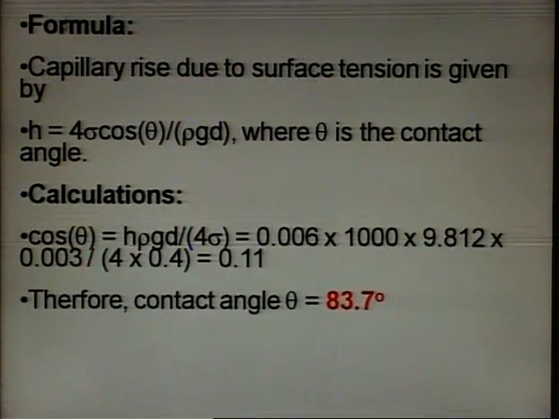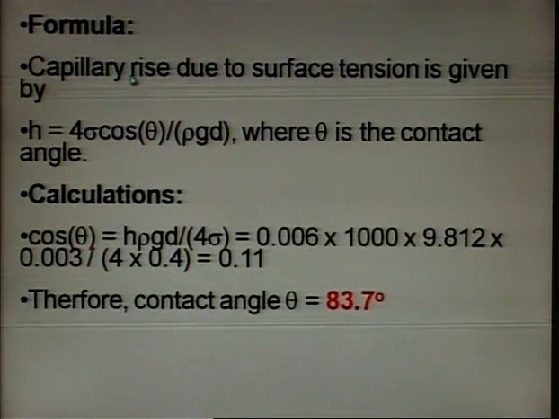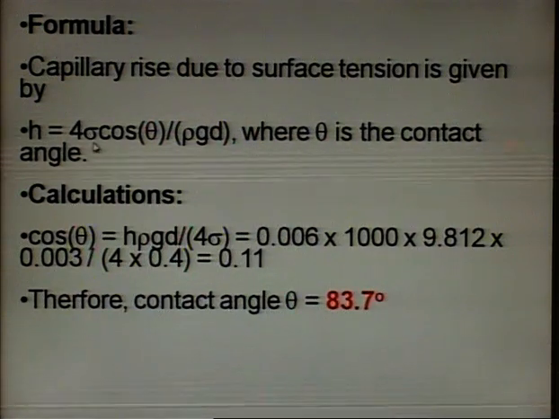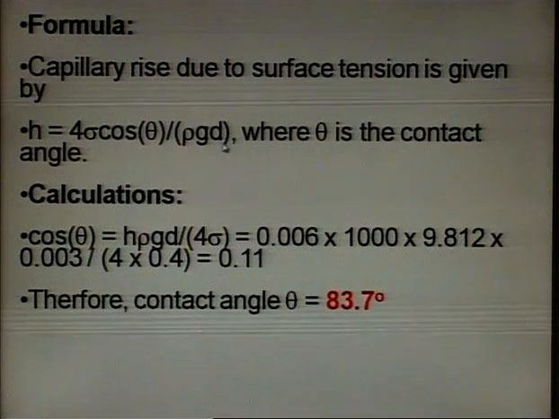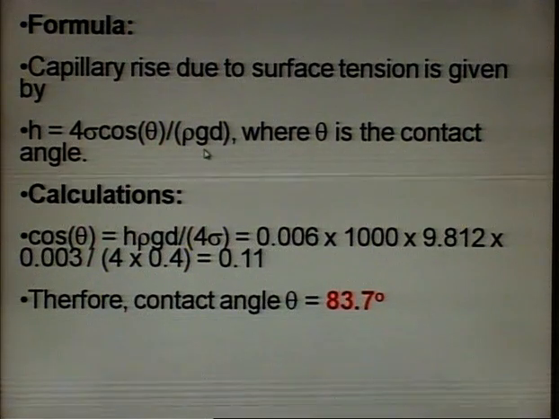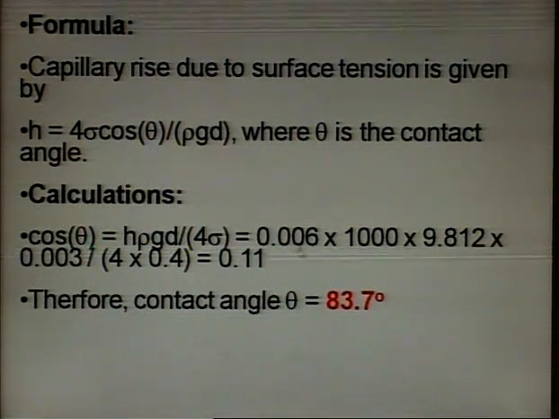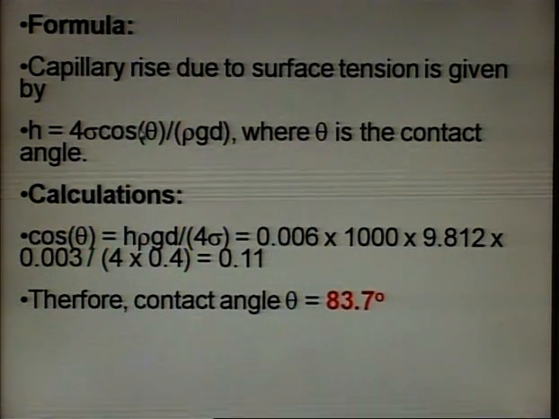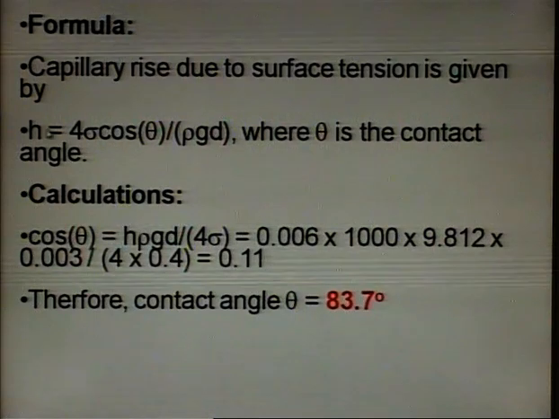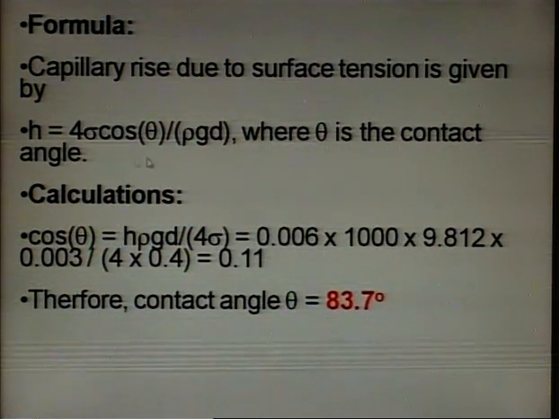So the formula used will be that of capillary rise, that is the ascent formula. So h is 4 sigma cos theta divided by rho g d. Rho is density, g is acceleration due to gravity. So substituting the values, take cos theta out of the formula, because we have to find cos theta.